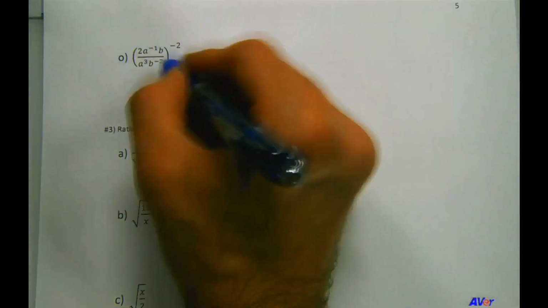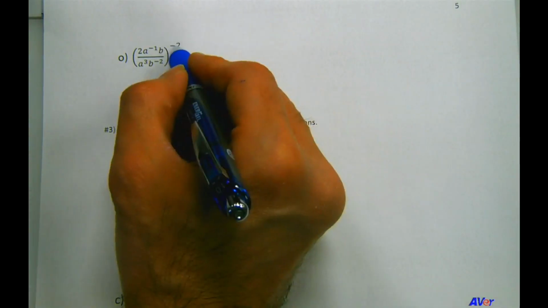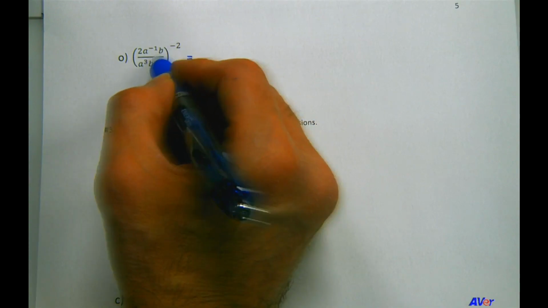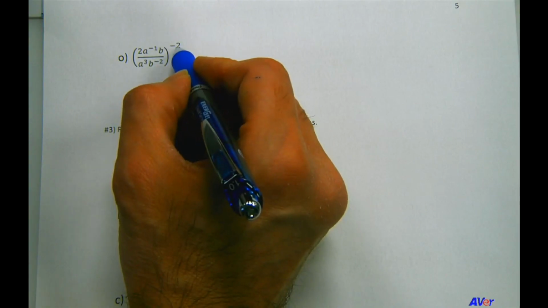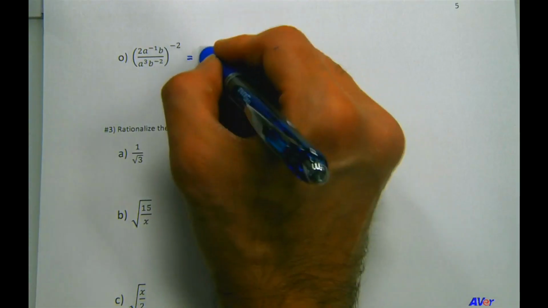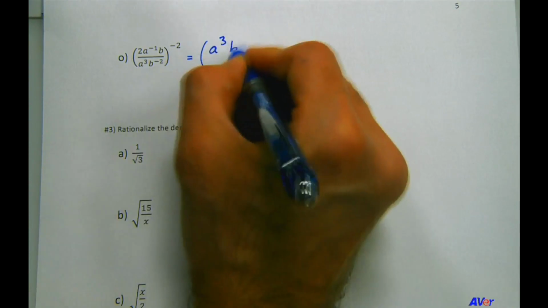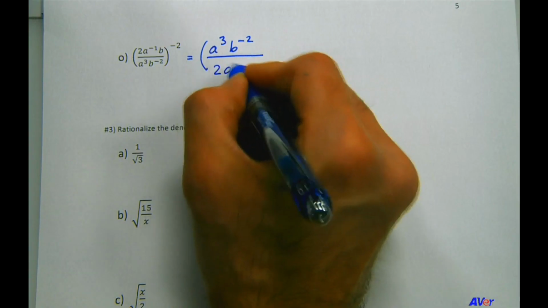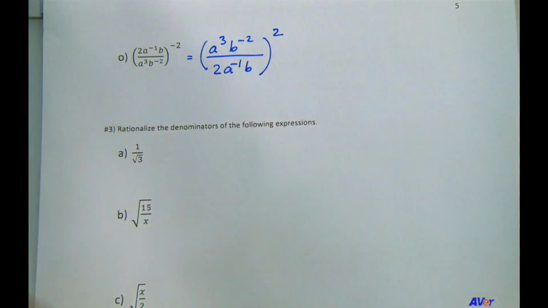Great. So the first thing I will do is I could distribute the negative 2 power like this. You could do that. That's another possible approach to this. But I want to demonstrate when you have a negative power on the outside, how it works to make that power positive. So you would flip things. So a cubed b to negative 2 power divided by 2 times a to negative 1 power b to 2nd power, right?